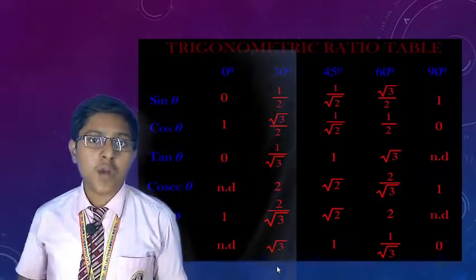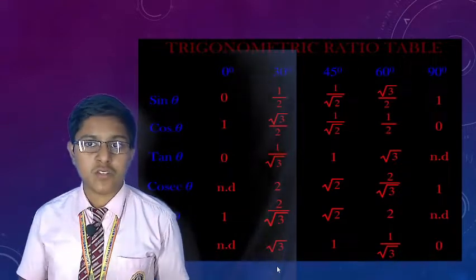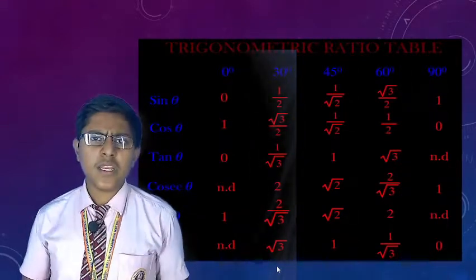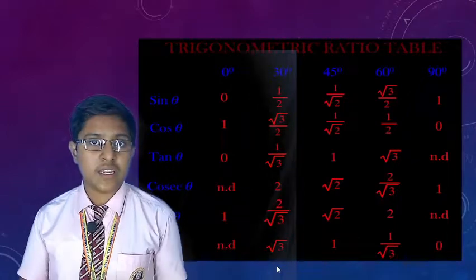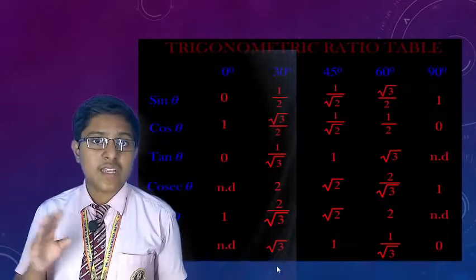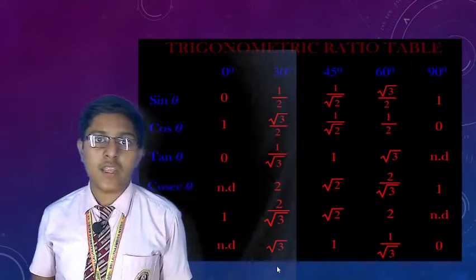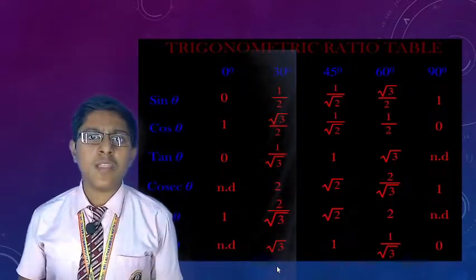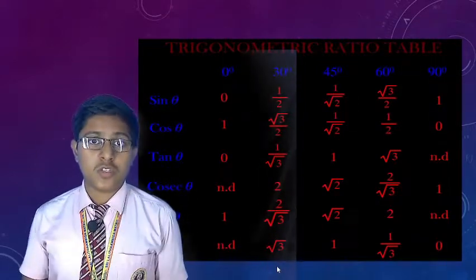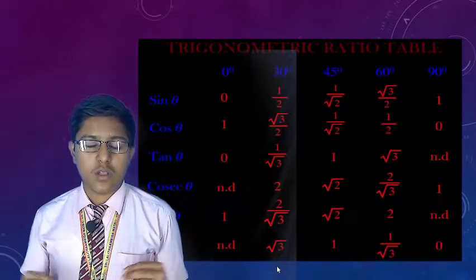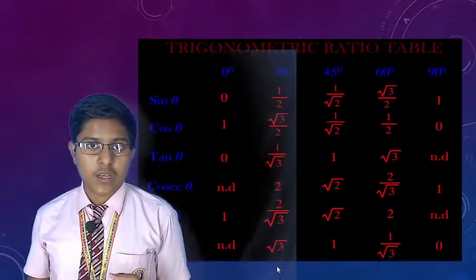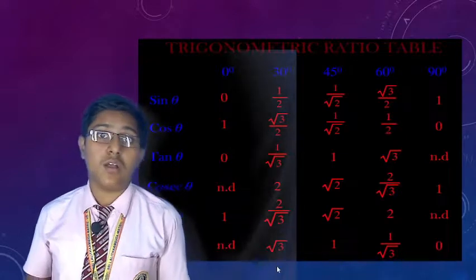These have the 5 important values: 0 degree, 30 degree, 45 degree, 60 degree and 90 degree. And the 6 ratios are sine, cos, tan, and the 3 reciprocals of them. These are the main ratios which we learn in our lower classes, 8th, 9th and 10th also.